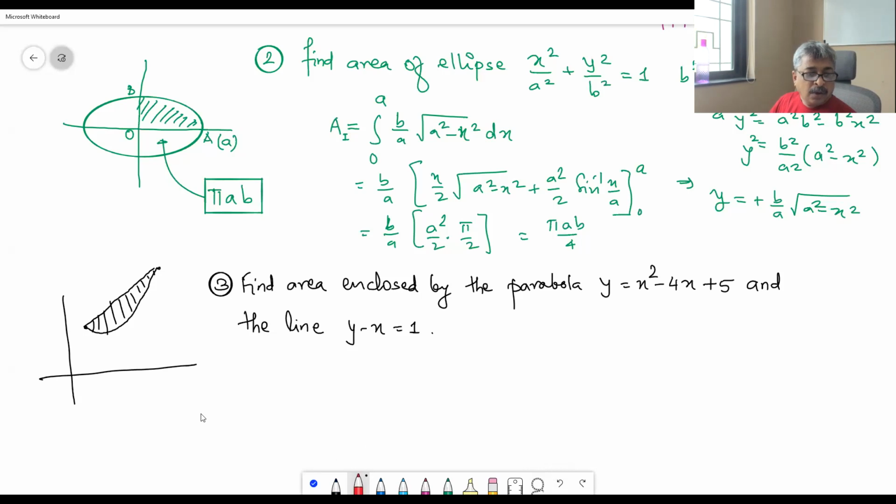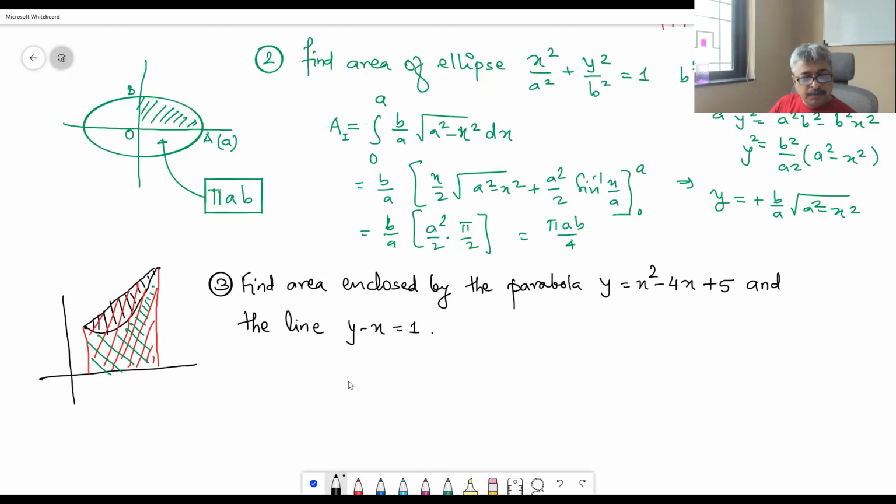Okay, so you find out this area, and you subtract this area, right?